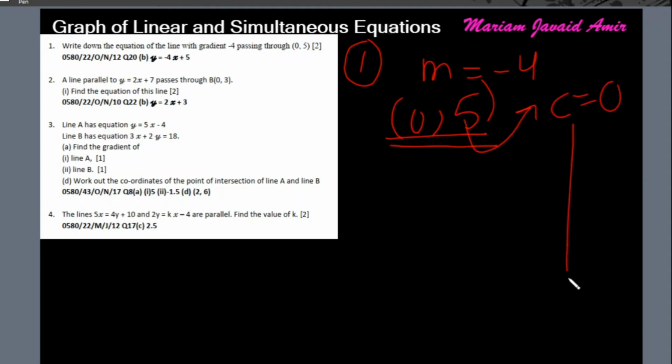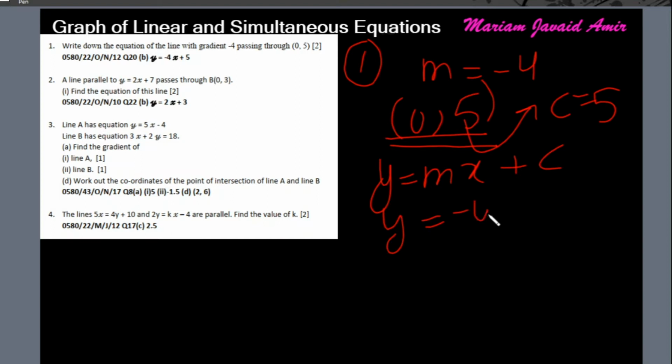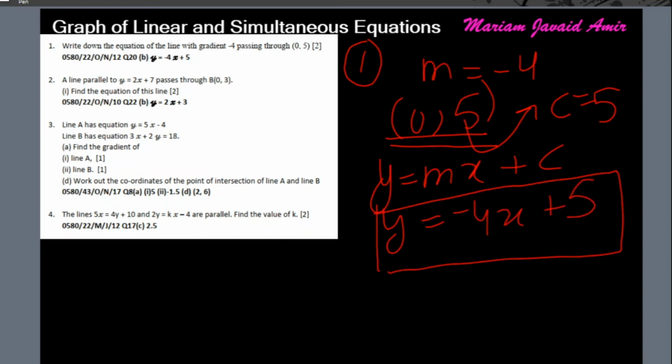This is where the graph cuts the y-axis. So if the graph is cutting the y-axis at 5, the value of c is 5. The general form is y equals mx plus c. This will be y equals minus 4x plus 5 simply. This is the answer for question 1.